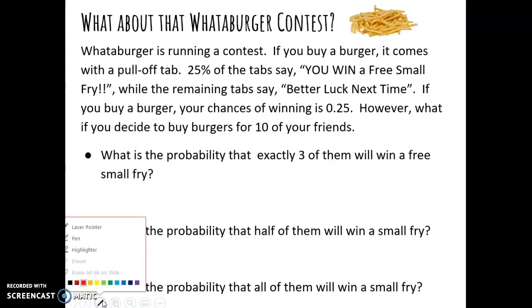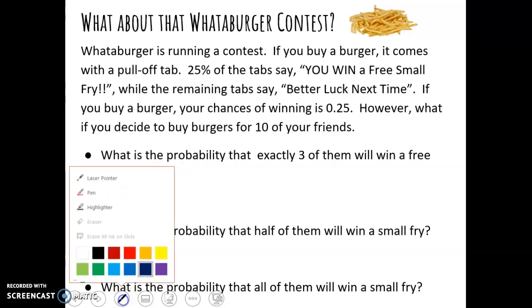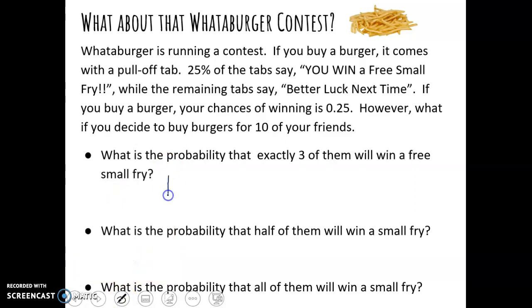And so, if you will recall, we talked about how to do this with the calculator. So if you want the probability of exactly 3, that is the binomPDF function in the calculator.